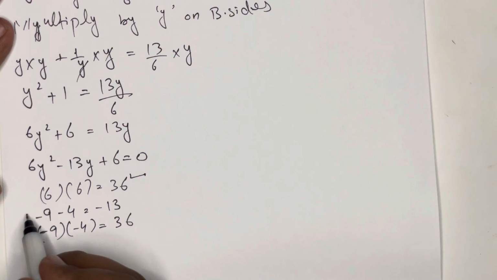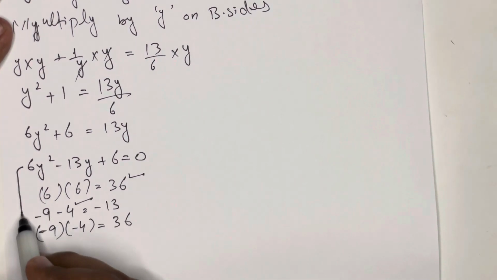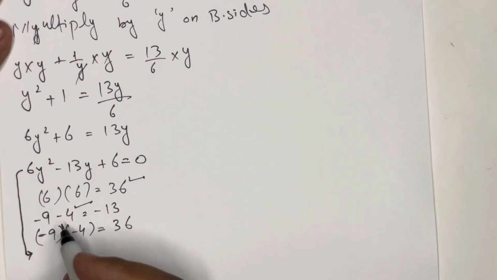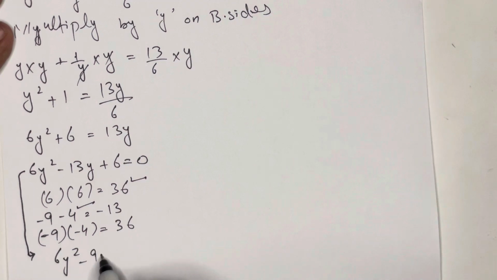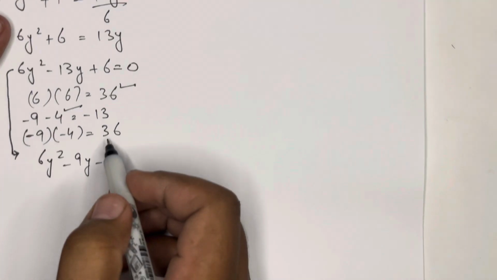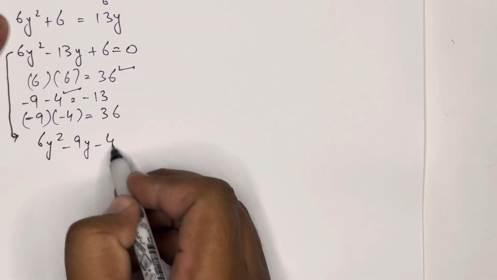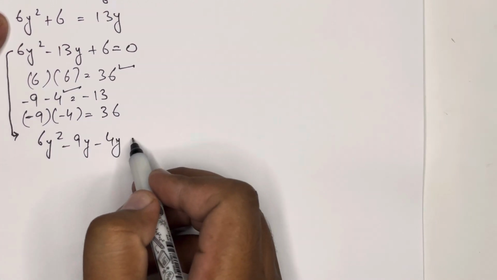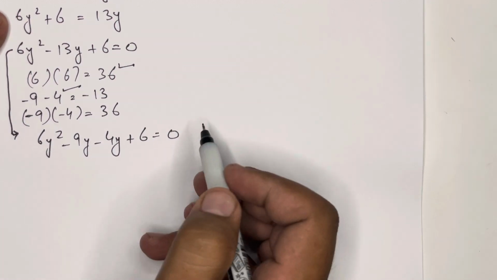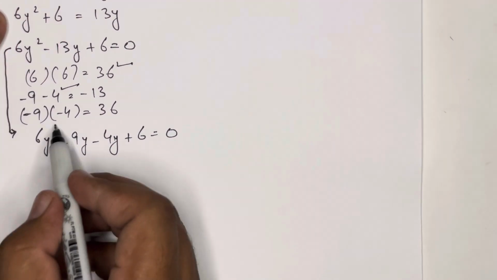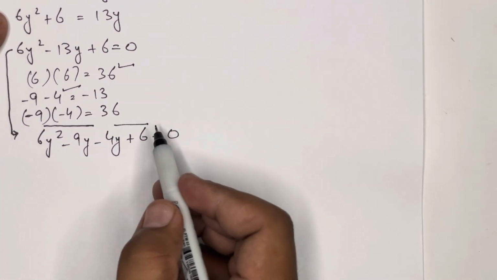So I am writing it here: 6y squared minus 9y minus 4y plus 6 equal to 0.